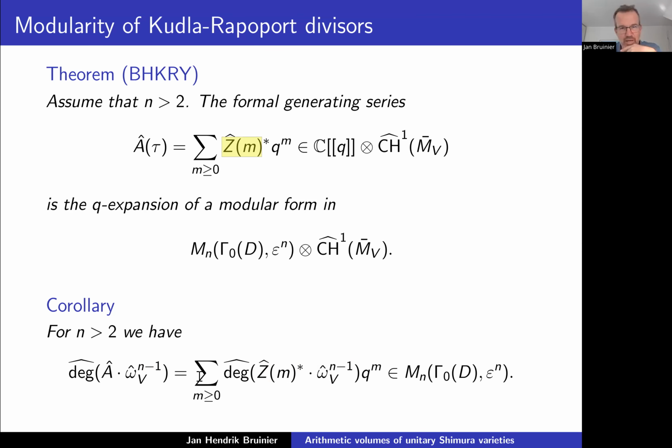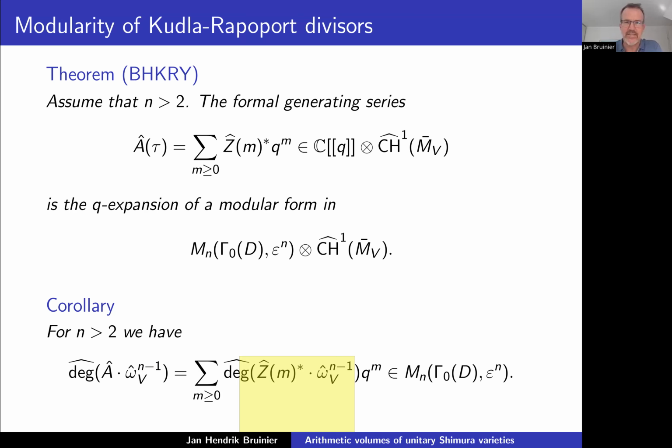So if we look at the constant term, the m equal to 0 term, then we have the metrized Hodge bundle intersected with the n-1 power of the metrized Hodge bundle. So what we really get in the constant term is the arithmetic volume. So we can hope to get some information about the arithmetic volume from this modularity. That's now the basic idea.